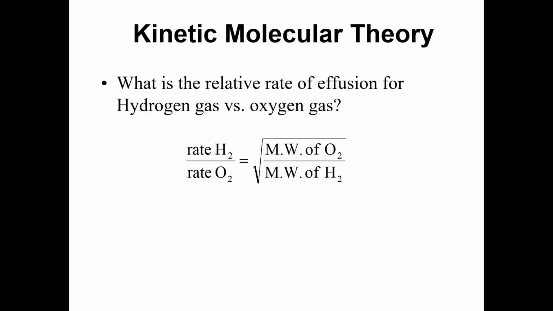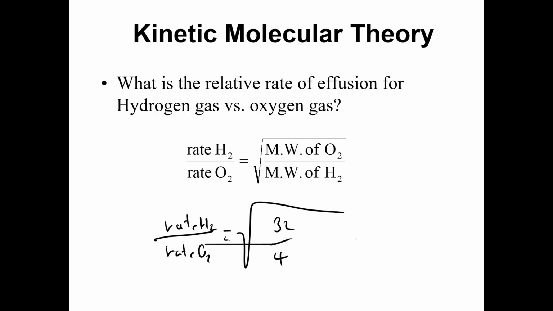Anyway, let's just do an equation with that. So if I was to look at the rate of H2 versus the rate of O2, I would use this equation. That is just simply 32 divided by 2, which is 16, and then the square root of 16 is 4.